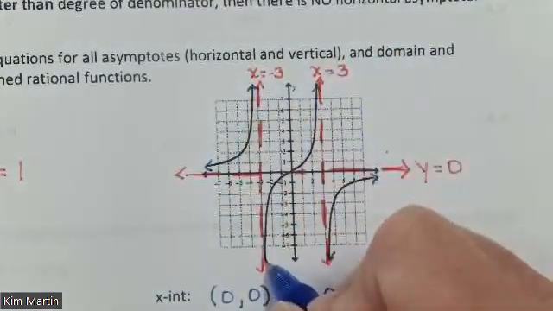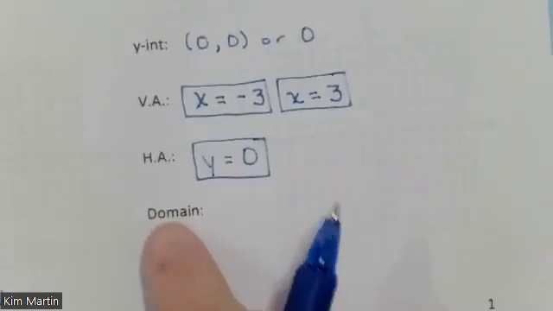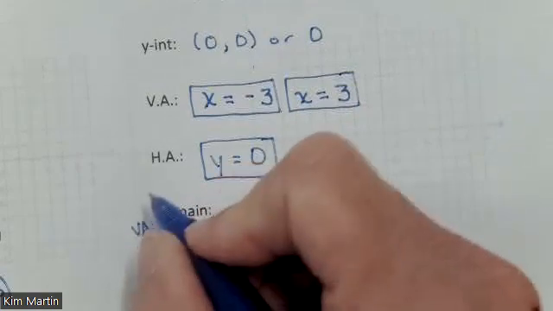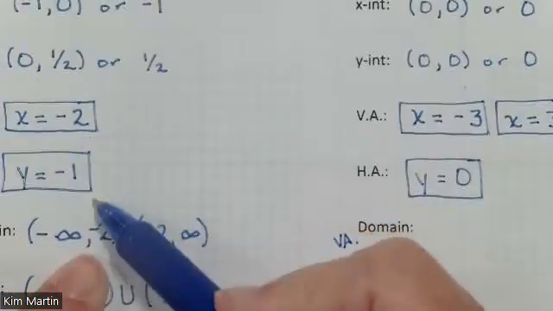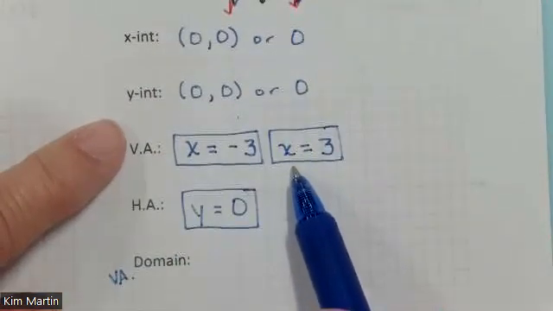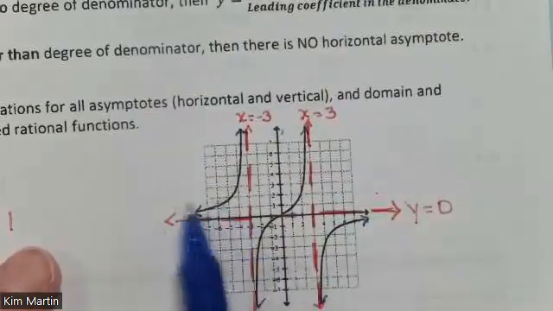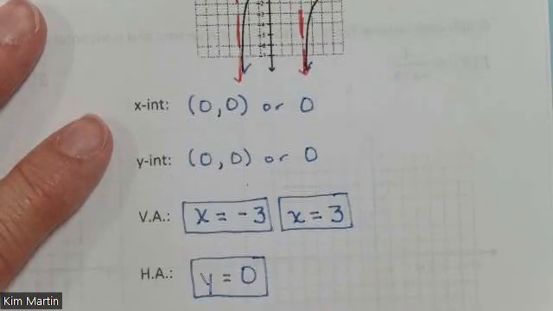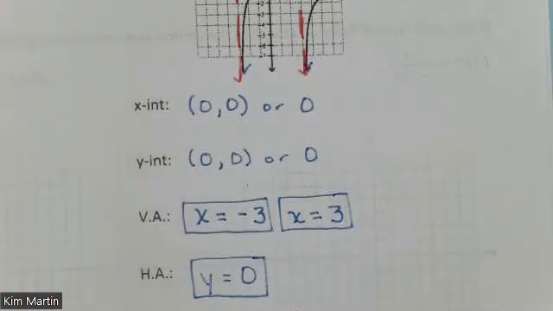Now, domain. You are going to take that from your vertical asymptotes, just like we did over here. Over here, we took it from this vertical asymptote, but now we've got two of them. We have everything to the left of this -3. You're going to write that as -infinity to -3, and you're going to use parenthesis. It's going to be the same every single time, but this is where people will forget.